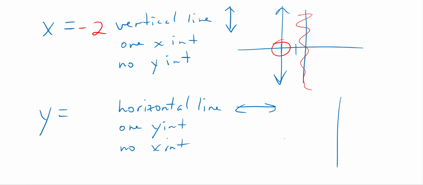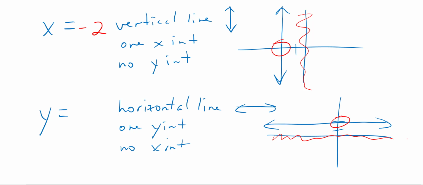All right, so again, an example is here. In other words, where's my y-intercept? Well, right there. My y-intercept is actually at 0, 2. And where's it crossing the x-axis? None, because here's the x-axis right here, and it's not crossing it. So it has one y-intercept and has no x-intercept. So in this case, y is equal to 2.